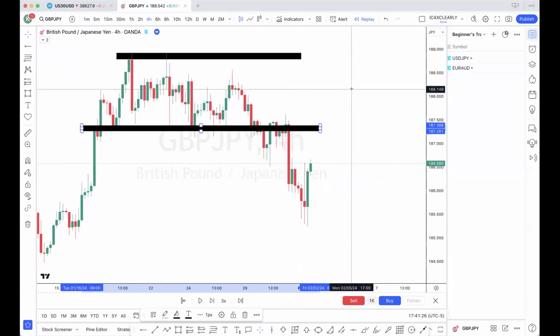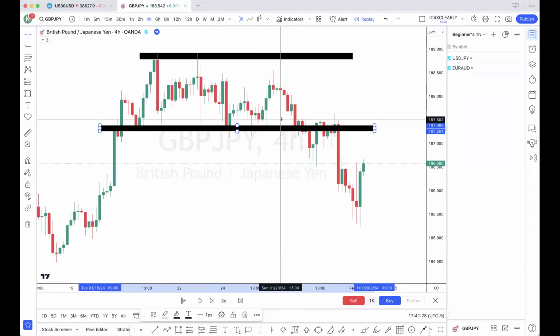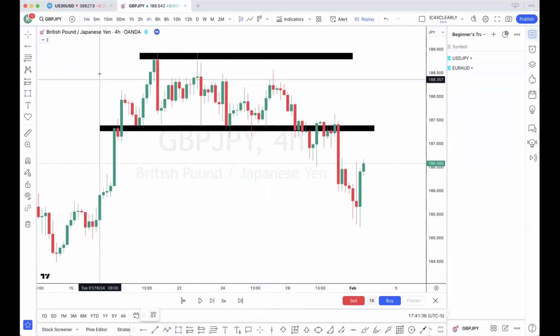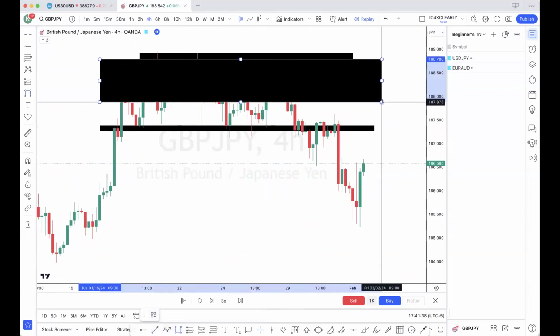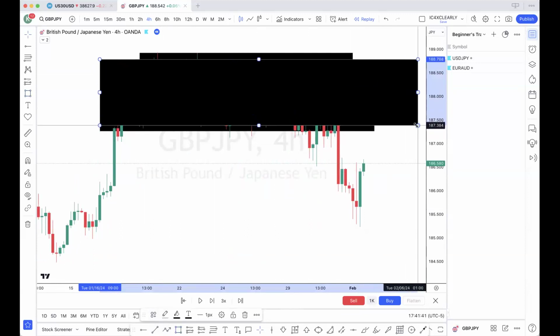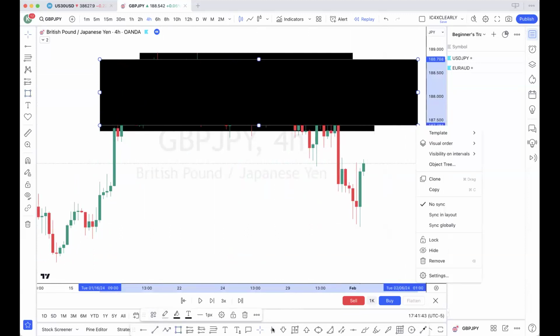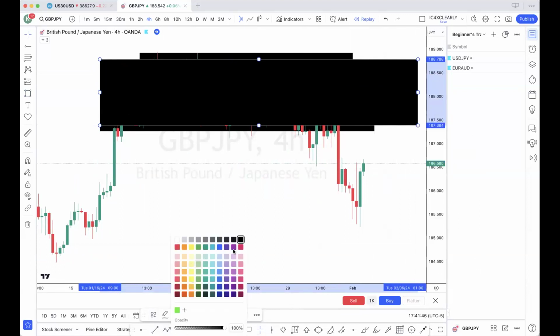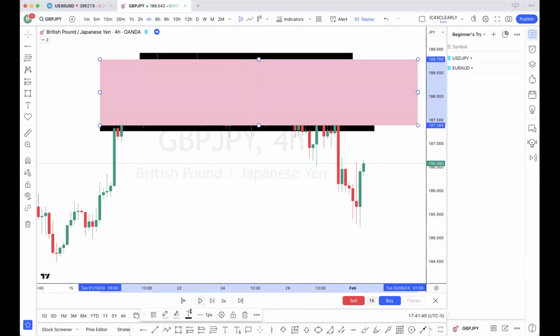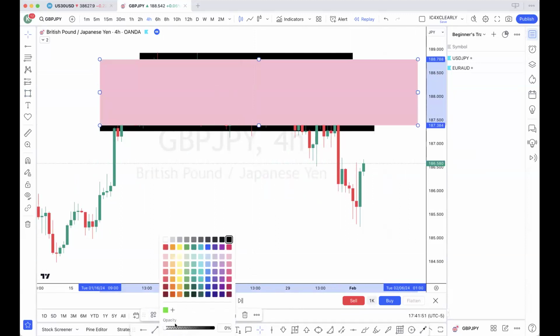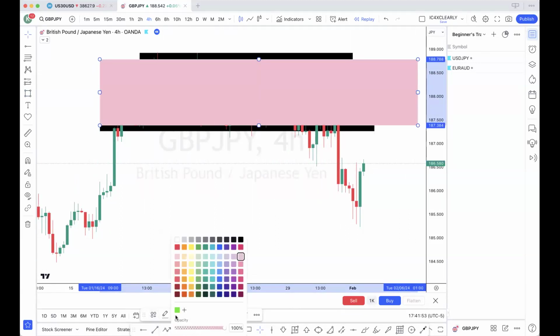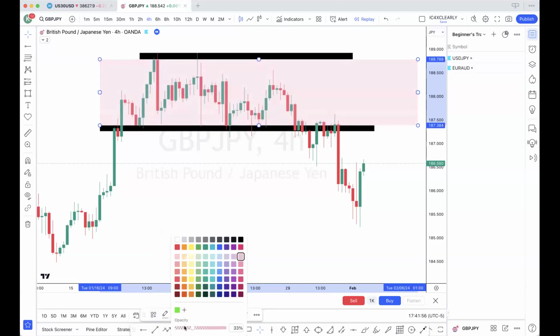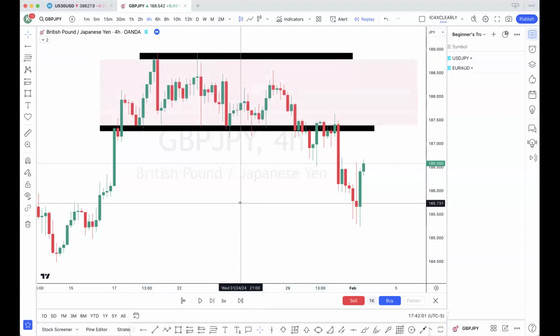So anything in between, and this is definitely the key. Anything in between, like in between here, and I'm just gonna change this color for a second. Anything in between, I say leave it alone.